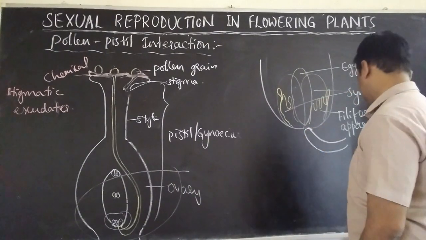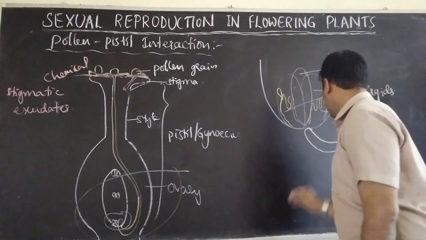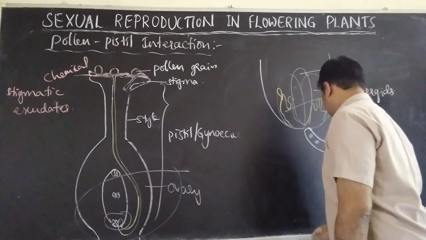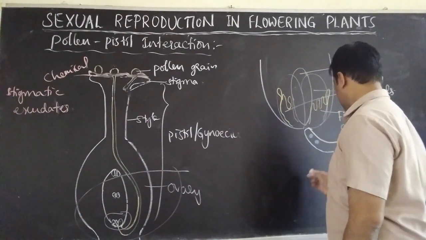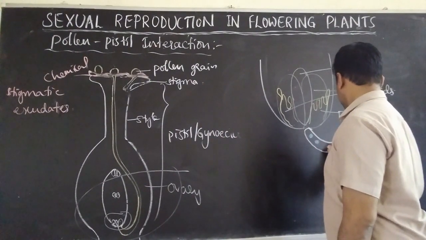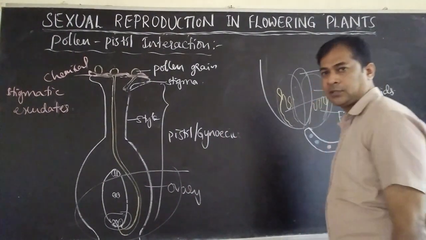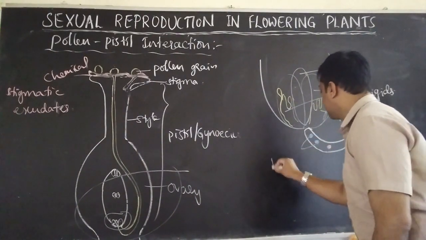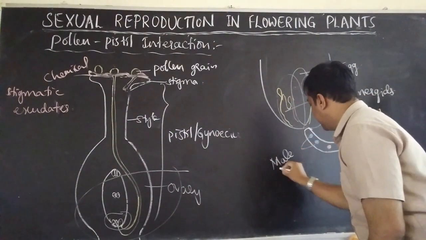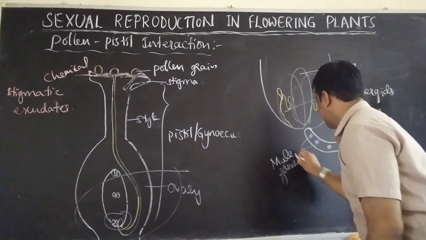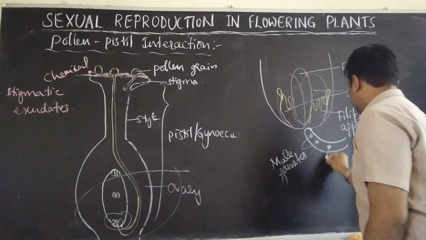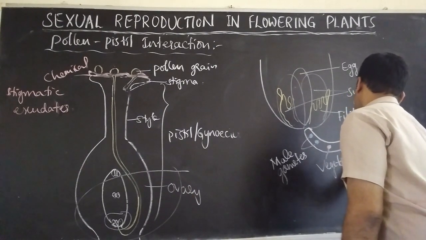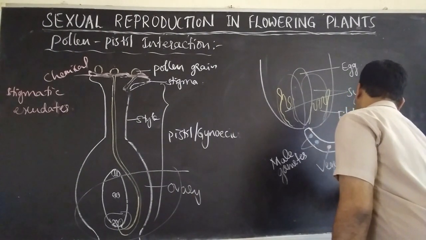The pollen tube contains two male gametes, then one vegetative nucleus. So remember, these two are male gametes, and this is one vegetative nucleus.